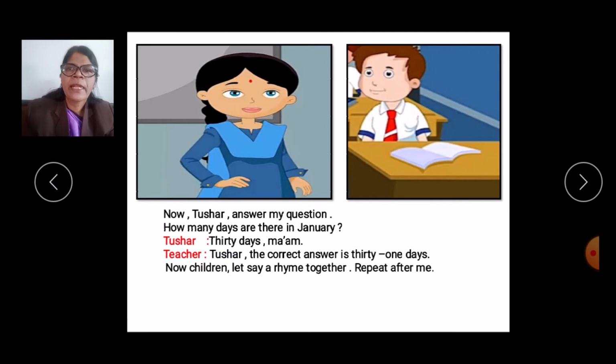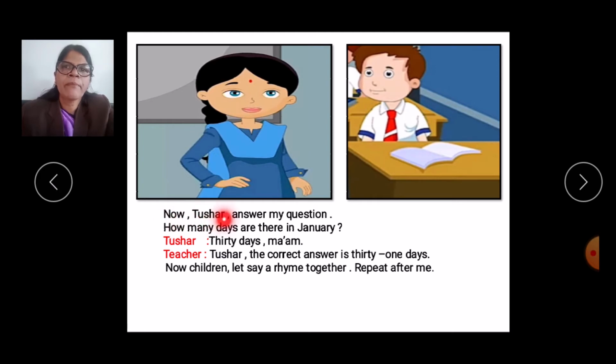Now children, let us say a rhyme together. Repeat after me. The teacher says, say the rhyme together, just repeat after me. This boy's name is Tushar, and the teacher is asking Tushar questions. Children, please put your finger.